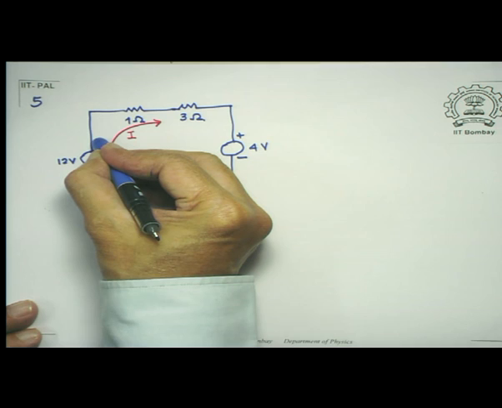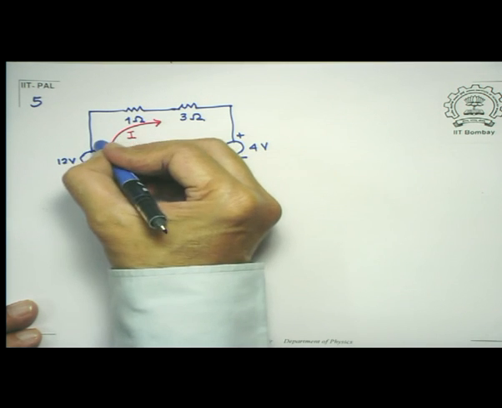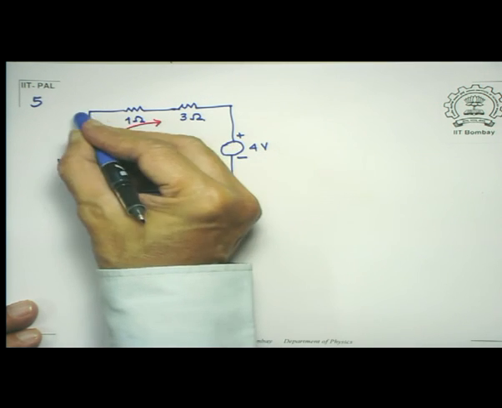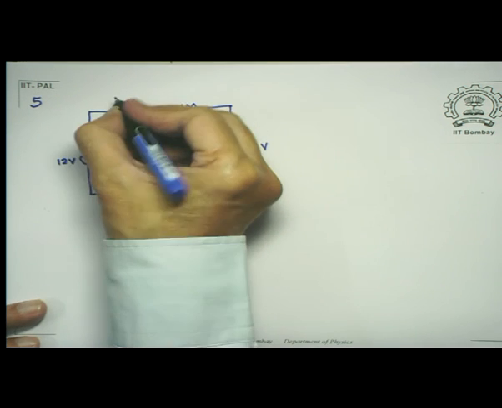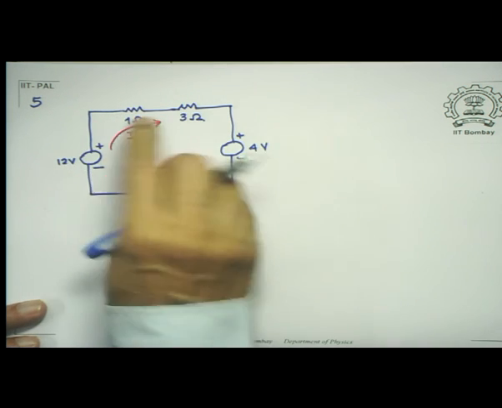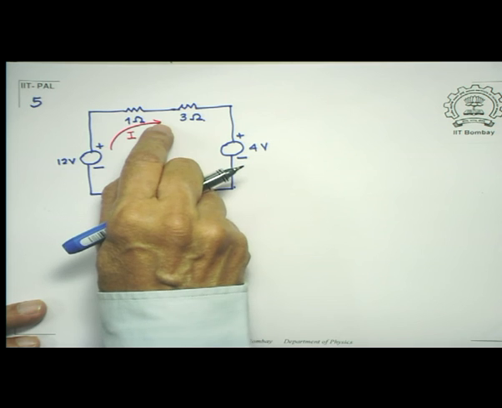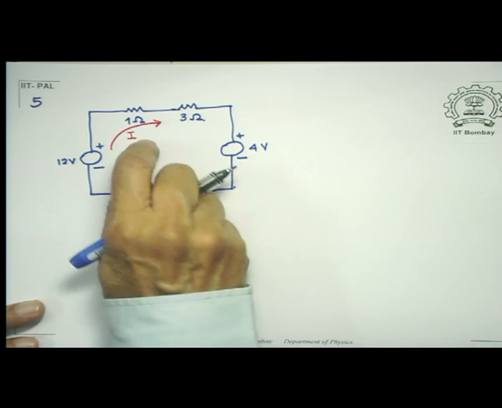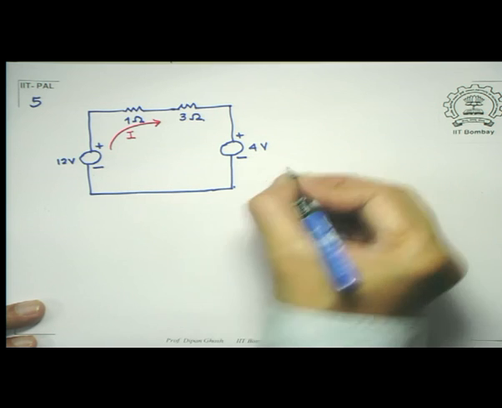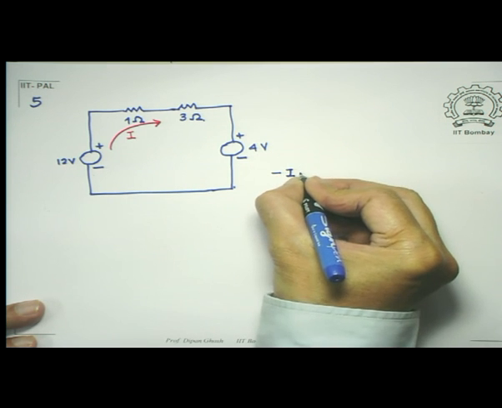I have started from here. So when I go on the resistance-less wire, there is no drop of potential, but there is a drop here. Because I have assumed the current to be in this direction, there is a drop of I into 1. So I will write this as minus I into 1.